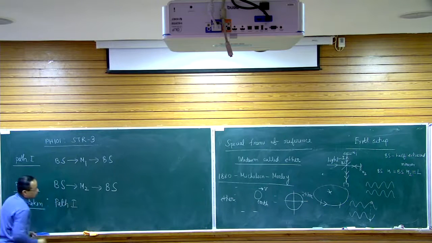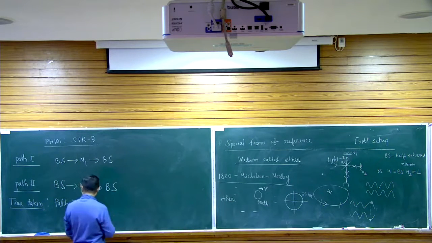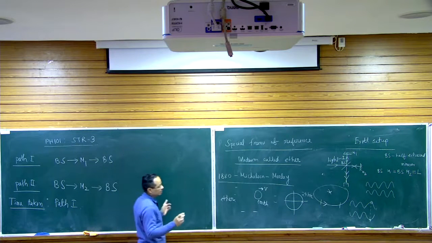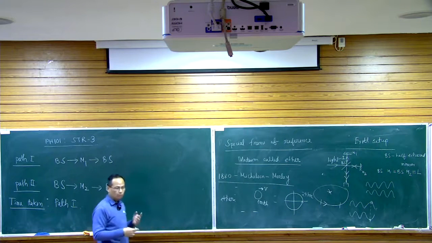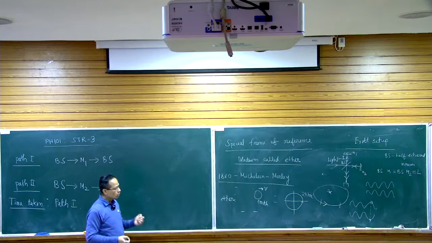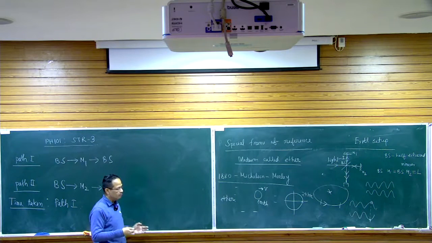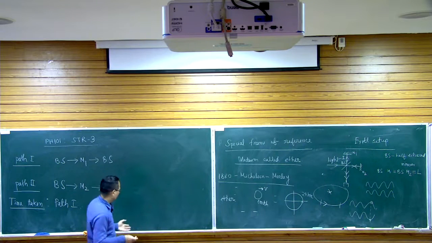Since the time taken is to be measured from an ether frame, we have to make the measurement from the ether frame. Why? Because as per our assumption, the light will travel with the velocity c only in the ether medium. So we have to make the measurement with reference to the ether frame.